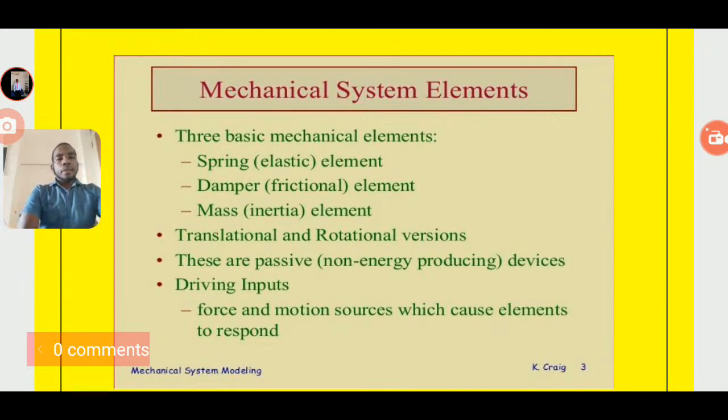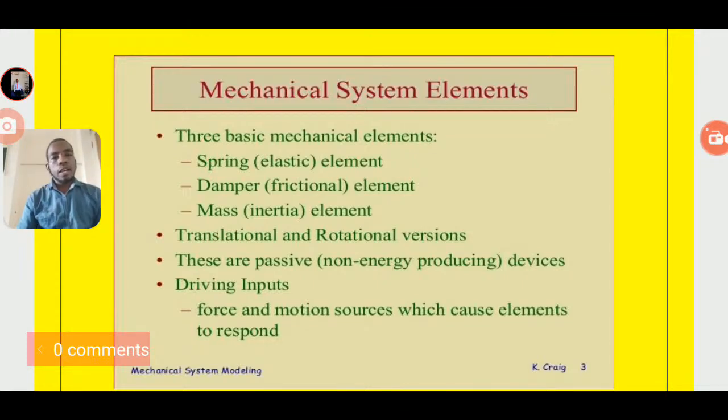There are basically three basic mechanical elements, the basic components for the mechanical system. The first one is the spring, which is called the elastic element, the second one is the damper, which is the frictional element, and the third one is the mass, which is the inertia element.